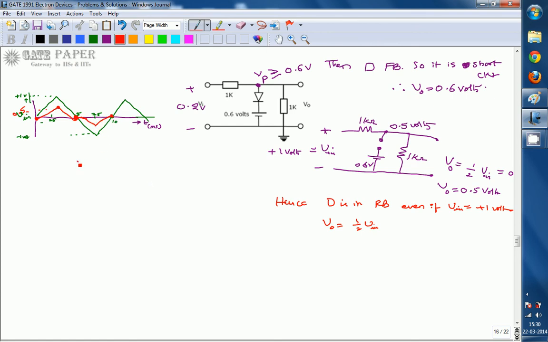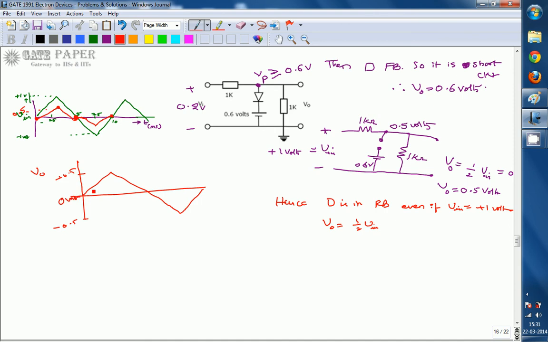So the output waveform looks like this. Again it is triangular, with plus 0.5 volts and minus 0.5 volts as V0. To get the diode forward biased, it requires a minimum of 1.2 volts, and then the output can be 0.6 volts. Since you are applying plus 1 volt, the output has maximum and minimum voltages of plus 0.5 and minus 0.5, and the average value is 0.